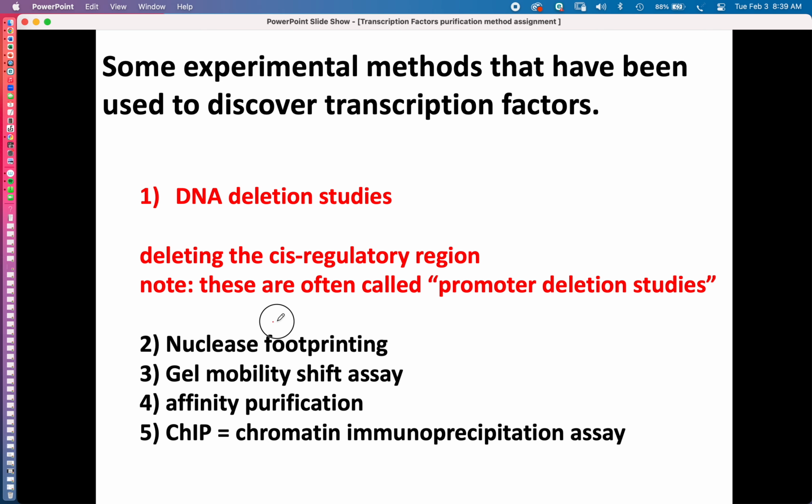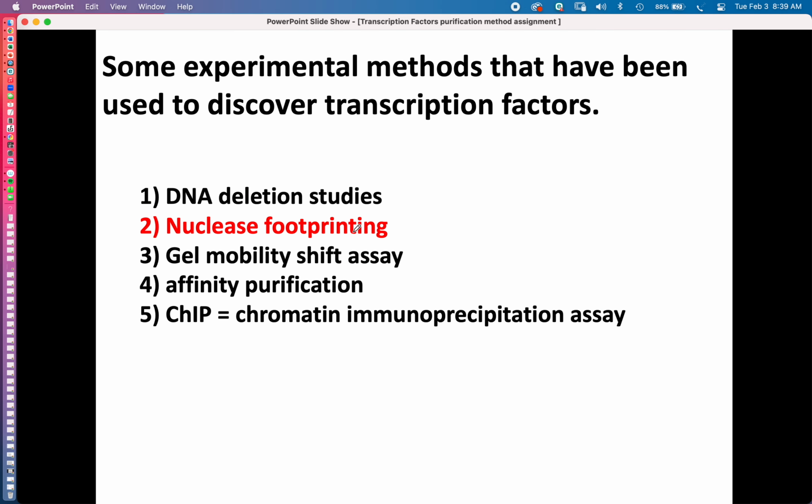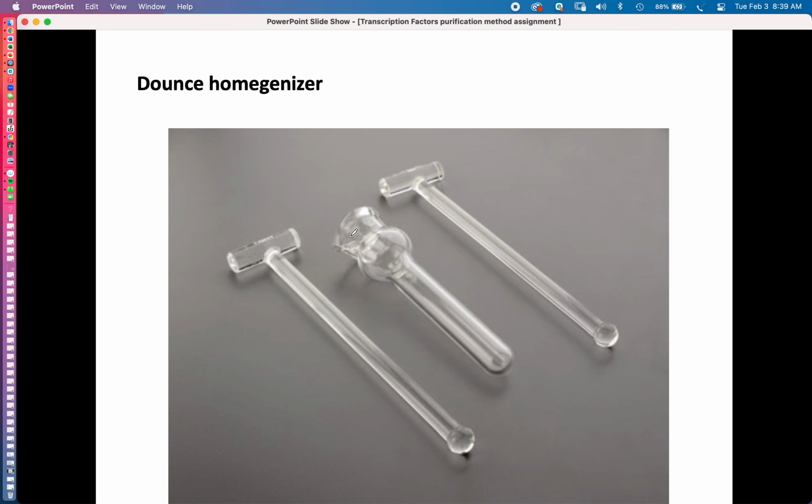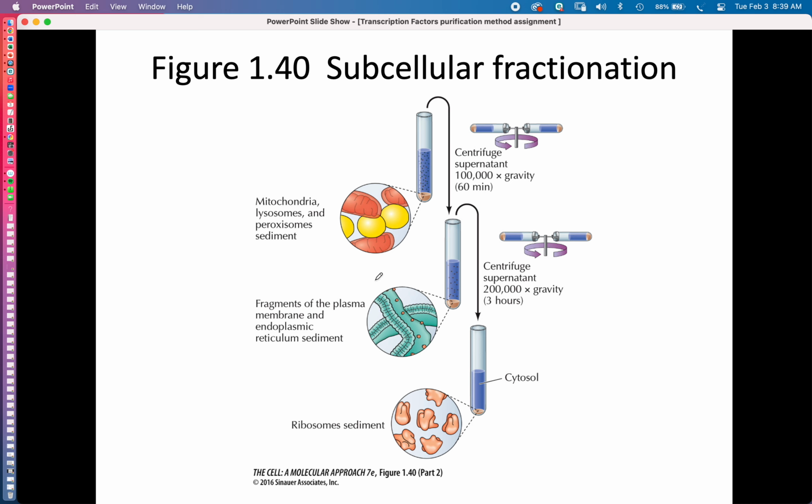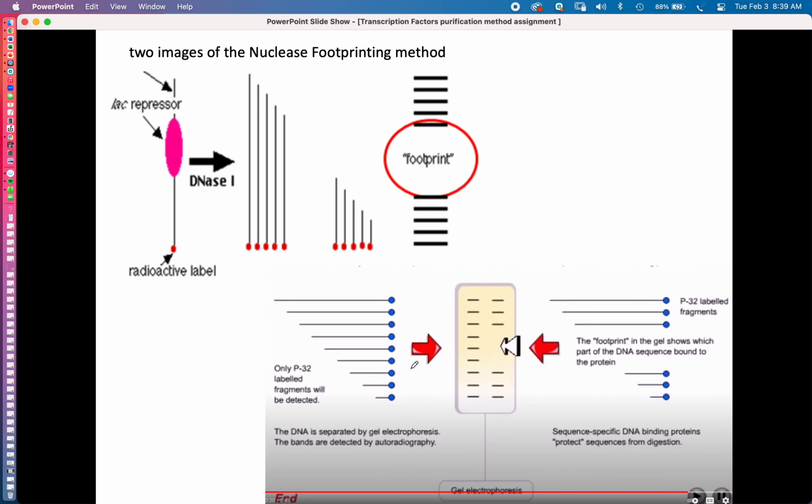Then here's the next one we're going to study, and it's called nuclease footprinting. We're going to use a DNA nuclease, and this one is going to be an endonuclease. In a nuclease footprinting assay, we break up our cells and get the nuclei, so we prepare a nuclear preparation, like we talked about in chapter 1.